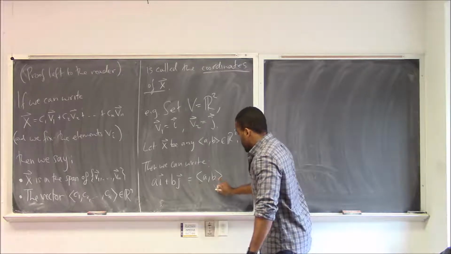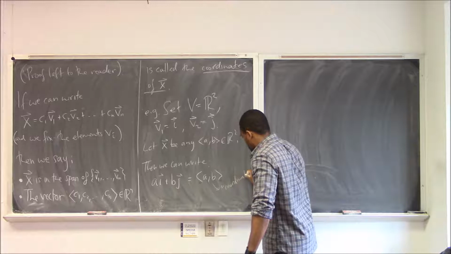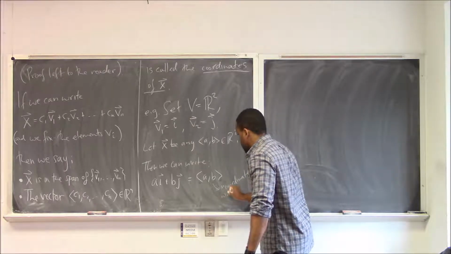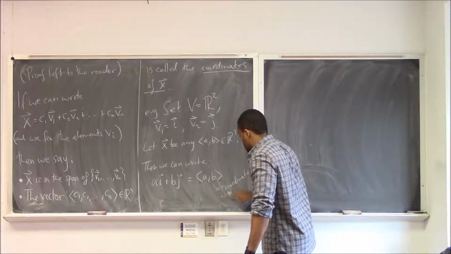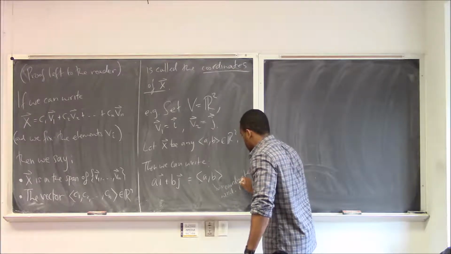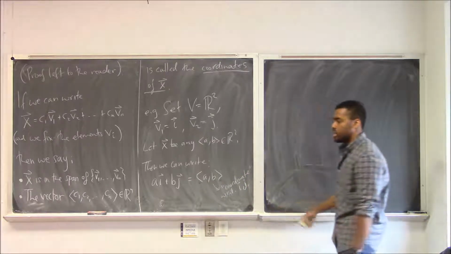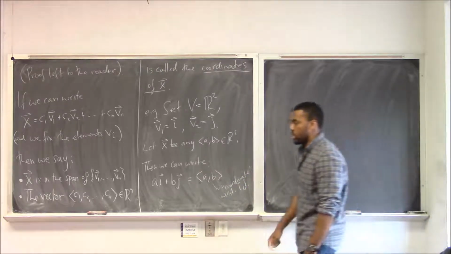So this guy is what we call the coordinate, and it's the coordinate with respect to i and j. Now a lot of us always think in terms of i and j, but we want to sort of get away from that.